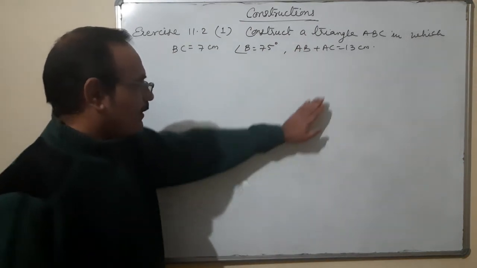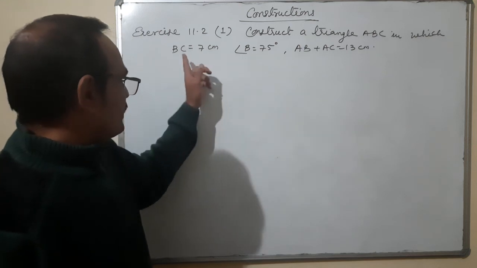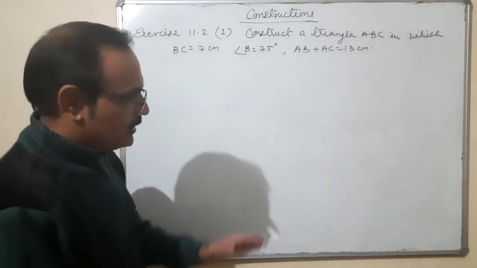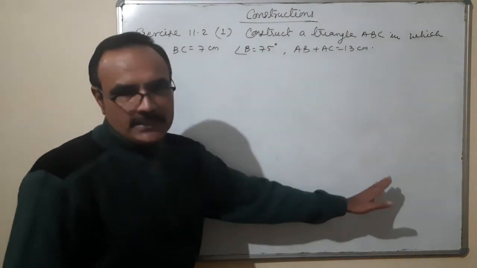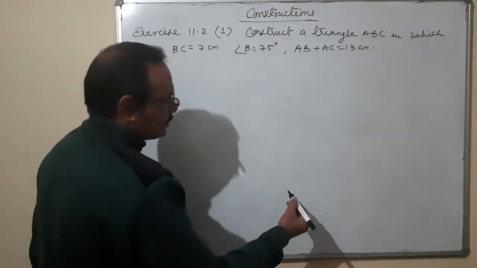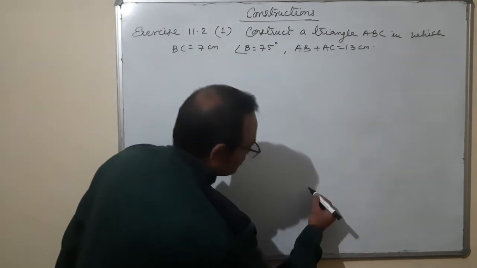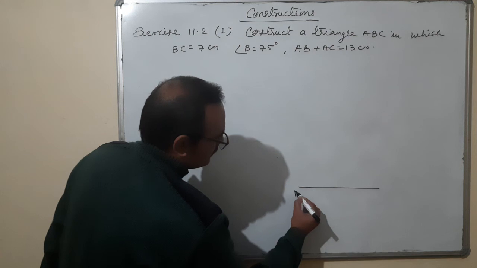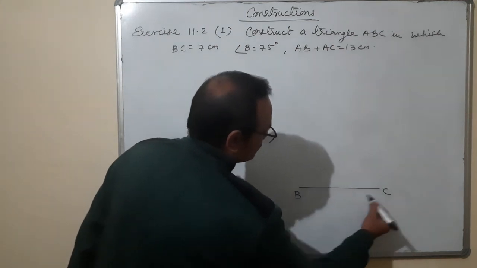First of all, the triangle ABC we are going to construct, in which BC is equal to 7 centimeter. So there's an outline A, B and C. I am taking here BC equal to 7 centimeter. This is BC, 7 centimeter.